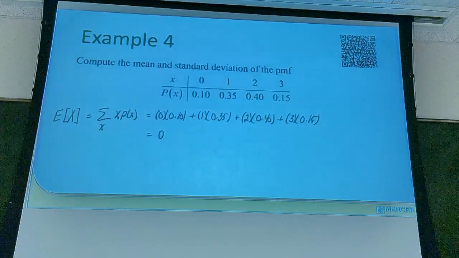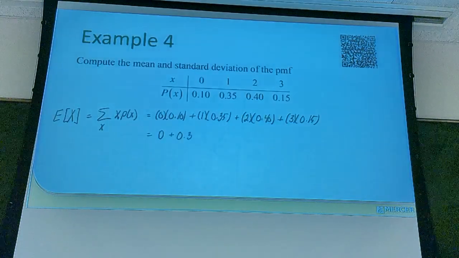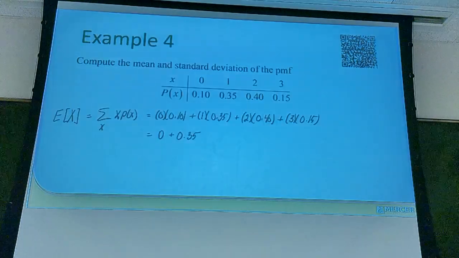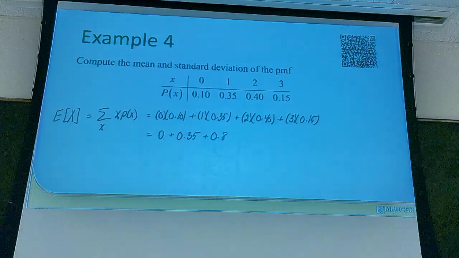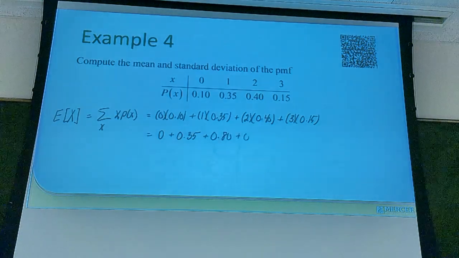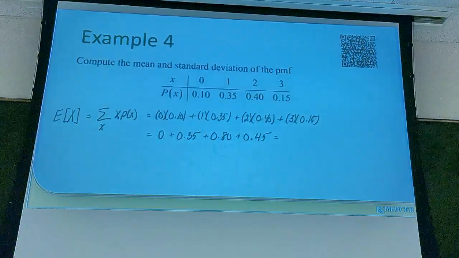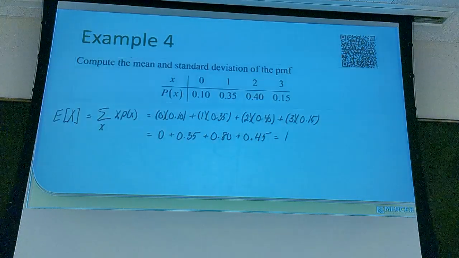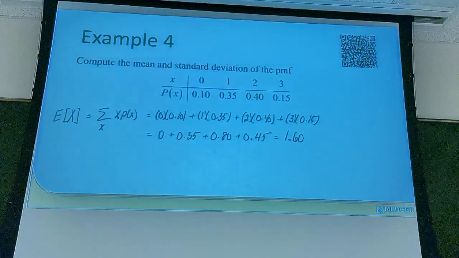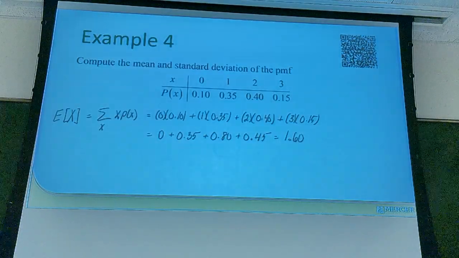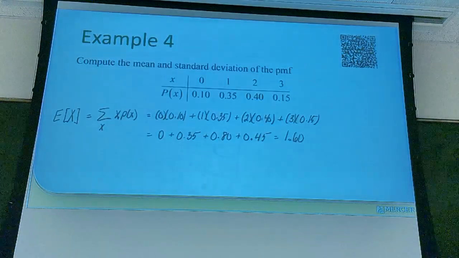That's nice. 1 times 0.35 is 0.35, that one's nice. 2 times 0.40, and 3 times 0.15. 35 and 45 is 80. 80 and 80 is 160. Our mean is 1.6. I'll relist it out later.